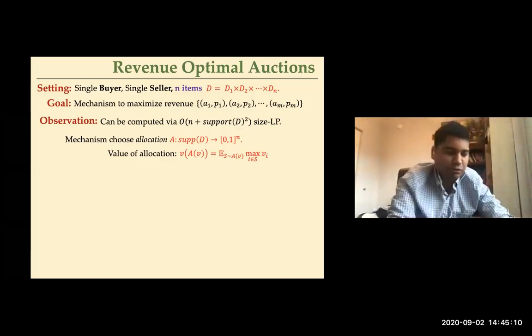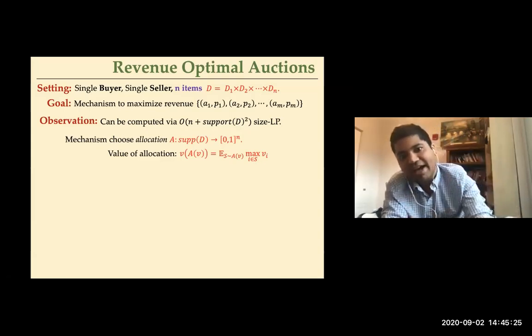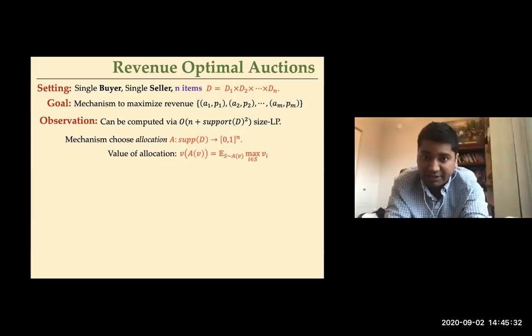So let me quickly run you through it. So basically, your mechanism, I told you, is going to choose a list of allocations and prices. So you can describe an allocation as just mappings of various bundles. So let's understand, the valuation of the buyer is described by some n-dimensional vector drawn from the distribution D. So it's going to live in the support of D, right?